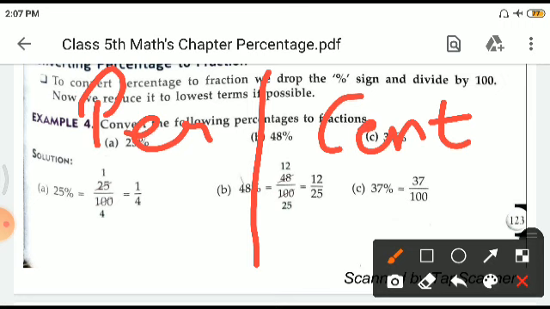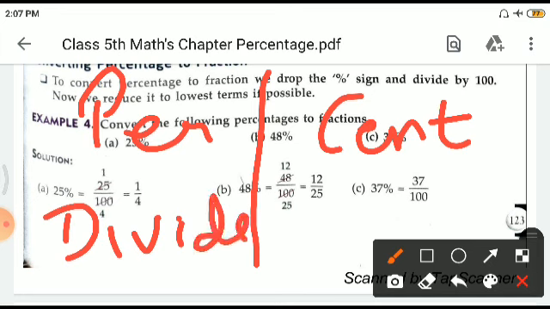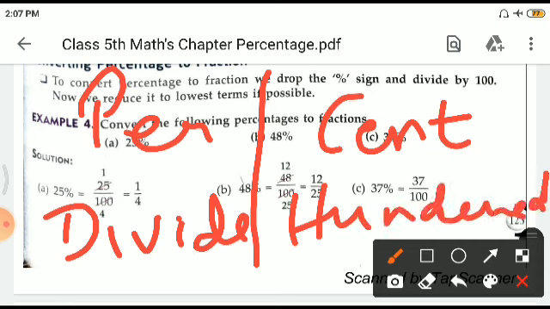Per is divide, and cent is 100. Divide means upon 100. Basically, for your understanding, you should take it as anything upon 100. Suppose the question is 12%, that is 12 upon 100. That means 12 will be the numerator and 100 will be the denominator, right.